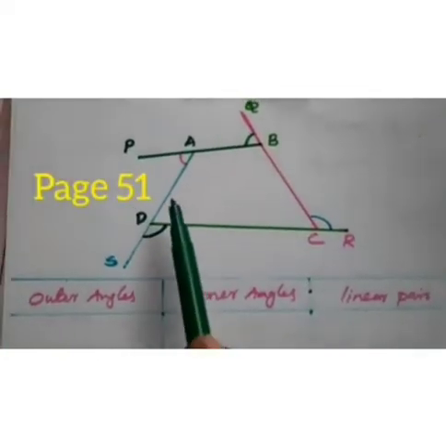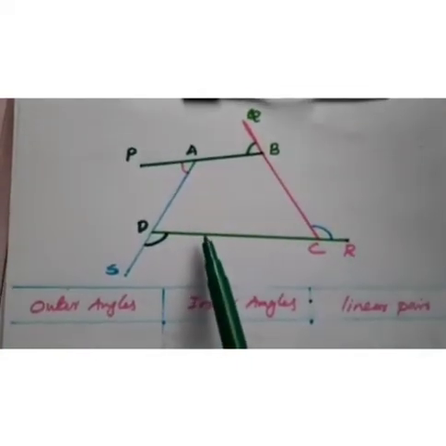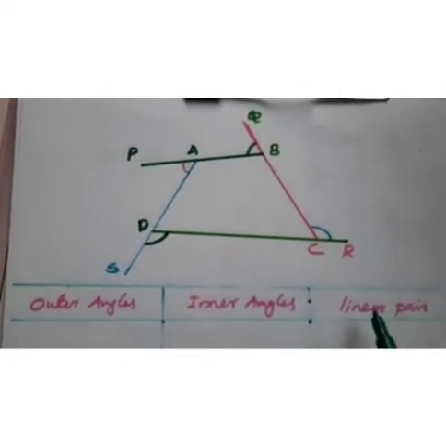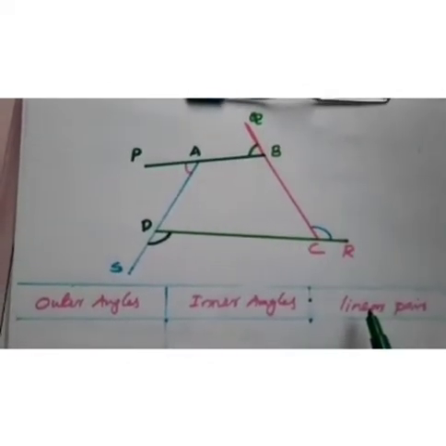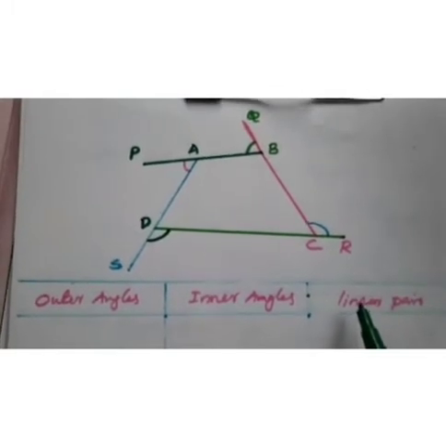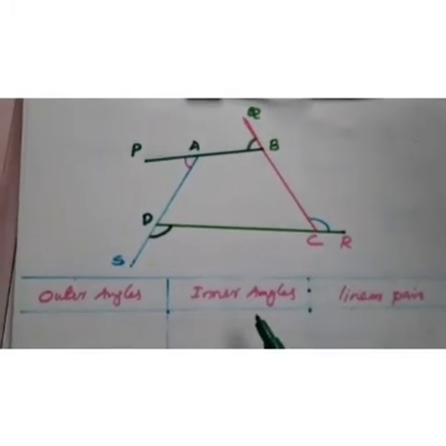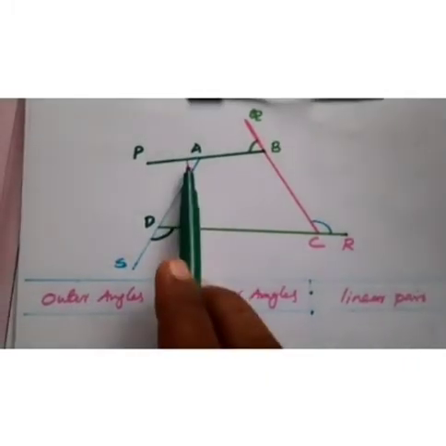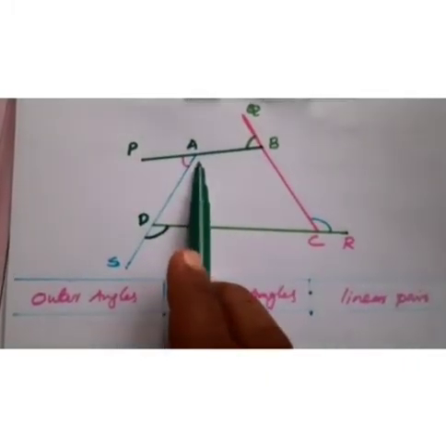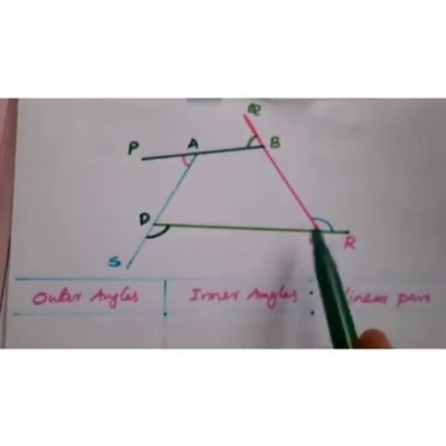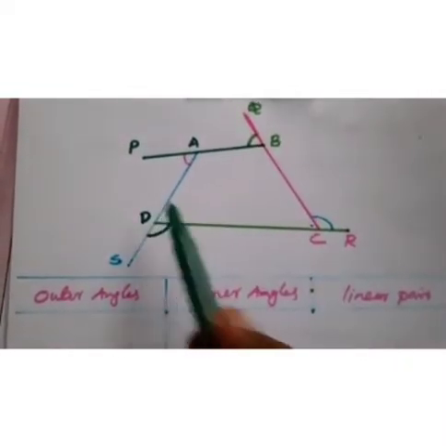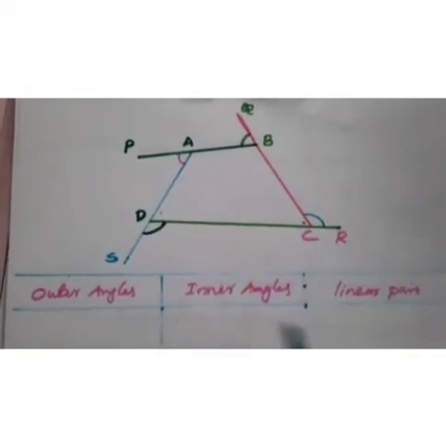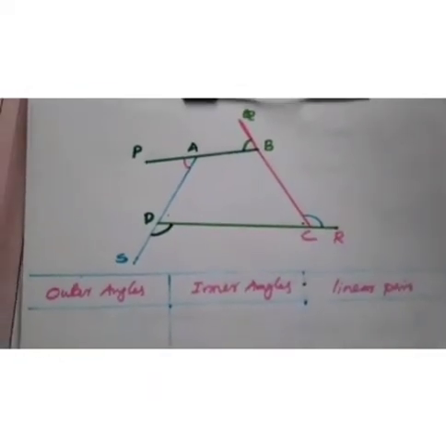See this quadrilateral. You have to write down the outer angles, inner angles and the linear pairs. We studied that the inner and outer angles at each vertex form a linear pair. If this is the outer angle, the inner angle is here. So you have to find out the outer and inner angles and also the linear pair.